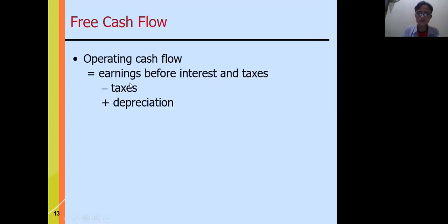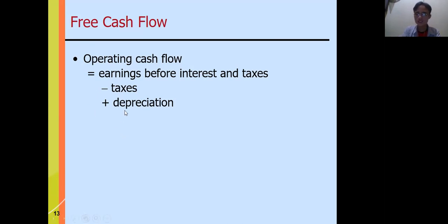So knowing that for the operating cash flow, EBIT, earnings before taxes and interest, of course, that's prior, minus taxes. So we are going to deduct the taxes and we add back the depreciation. So this is our shortcut for our operating cash flow. This is just a formula in financial management.